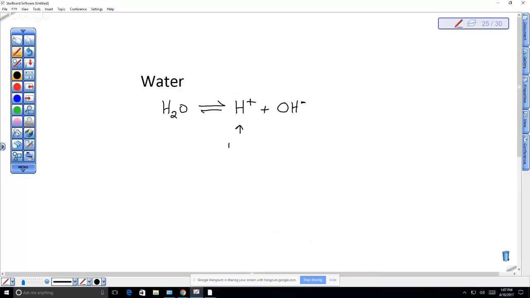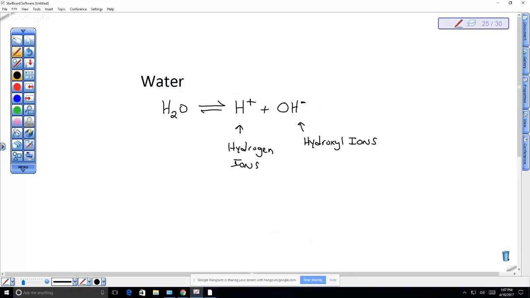So these are called hydrogen ions. Would that be a cation or an anion? Cation, because it's positive. These are called hydroxyl ions. And those would be examples of anions because they are negative.